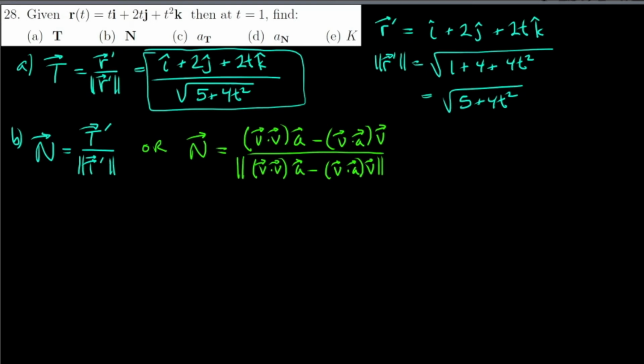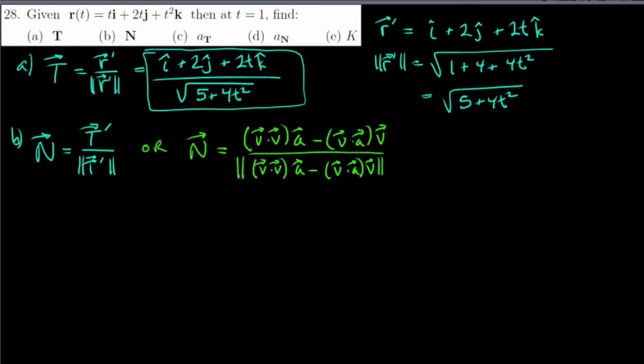Remember, I did say that this is not the only way to calculate the unit normal vector. Certainly if it's a plane curve, we did one like that earlier, where you can just do that trick of switching the components. But this is a vector in space, so there's no switching there.